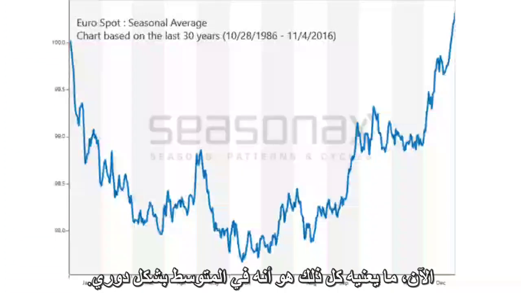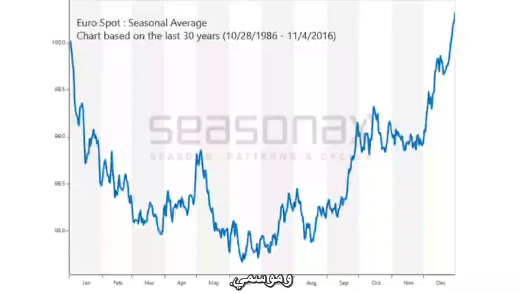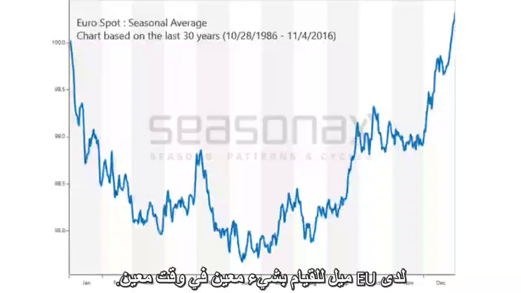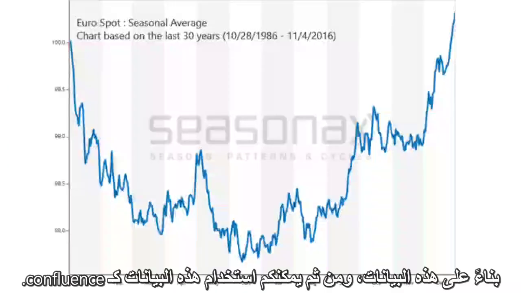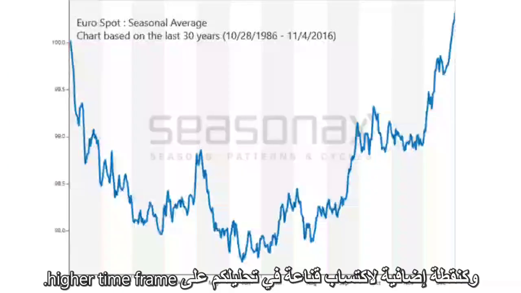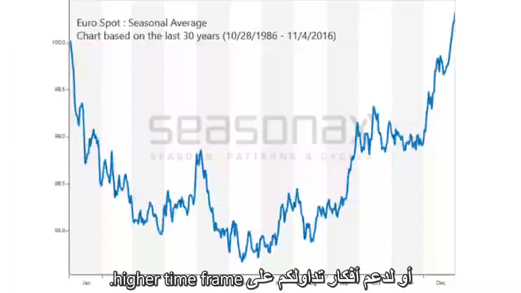Now, what all of that means is that on average, periodically and seasonally, EU has a tendency to do a certain thing at a certain time during a certain month based on this data, and then you can use this data as a confluence and as an extra point to gain conviction in your higher time frame analysis or to support your higher time frame trading ideas, right?